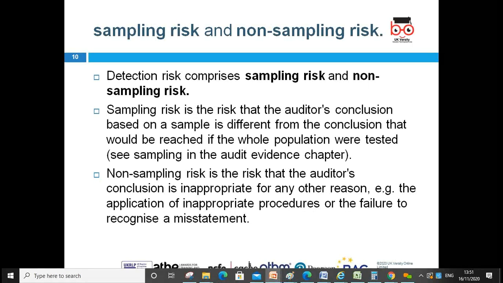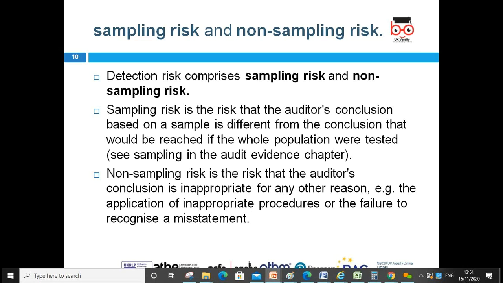Okay, sampling risk and non-sampling risk. Sometimes detection risk comprises sampling risk because your sampling strategy was not appropriate. Sampling risk is the risk that the auditor's conclusion based on the sample is different from the conclusion that would be reached if the whole population was tested.